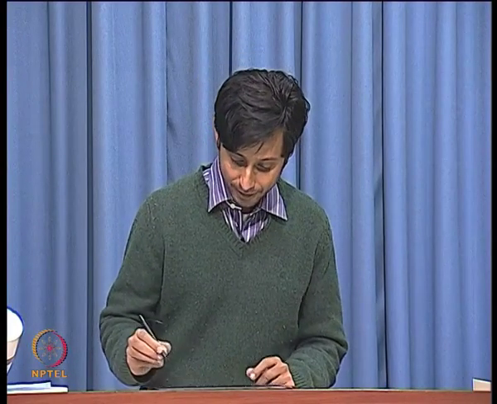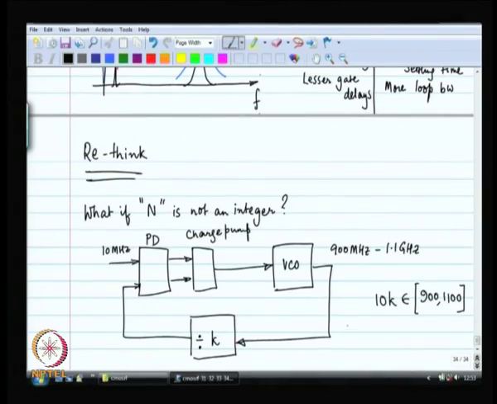Why can it work better than before? It can work better than before for the simple reason that now the maximum loop bandwidth is going to be a fraction of 10 megahertz.